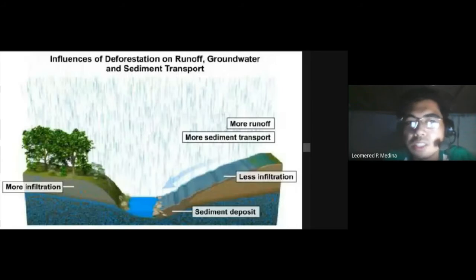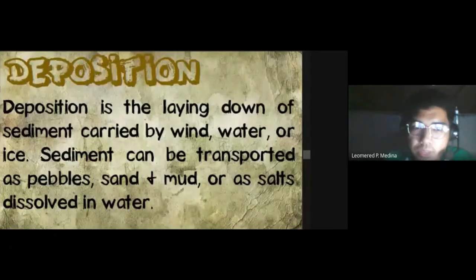So other than landslide and soil erosion, there's also a process known as deposition. In the case of deposition, it is the laying down of sediments carried away by wind, water, or ice. So sediments can be transported as pebbles, sand, and mud, or as solids dissolved in water.